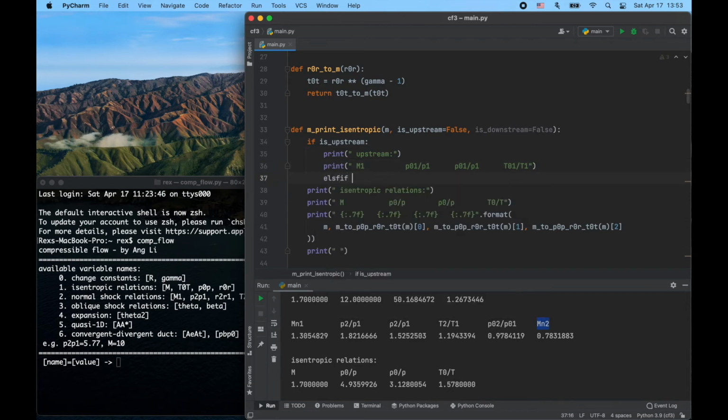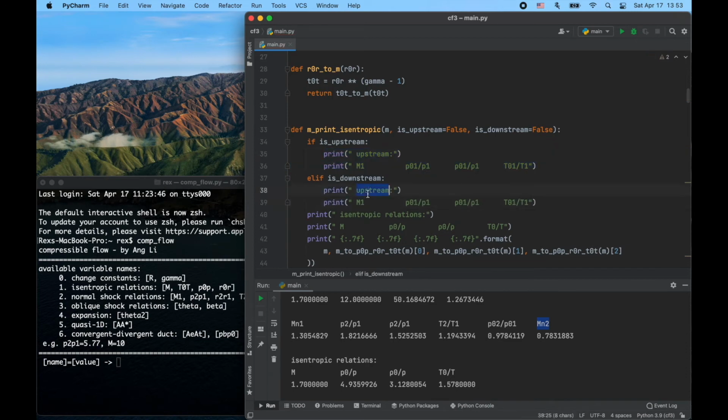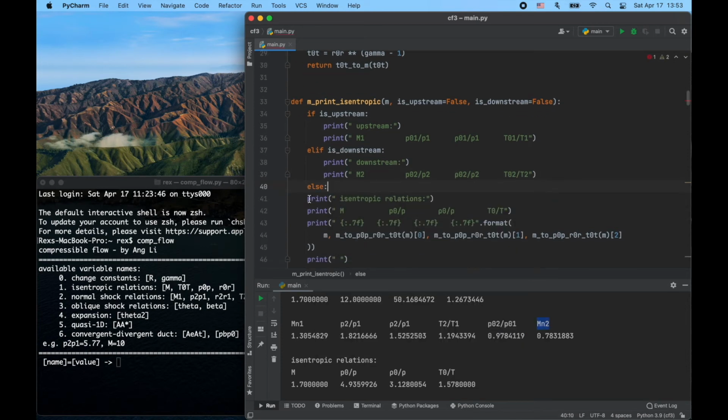Else if it's downstream, everything is changed to 2. Else, it will print out the original one.